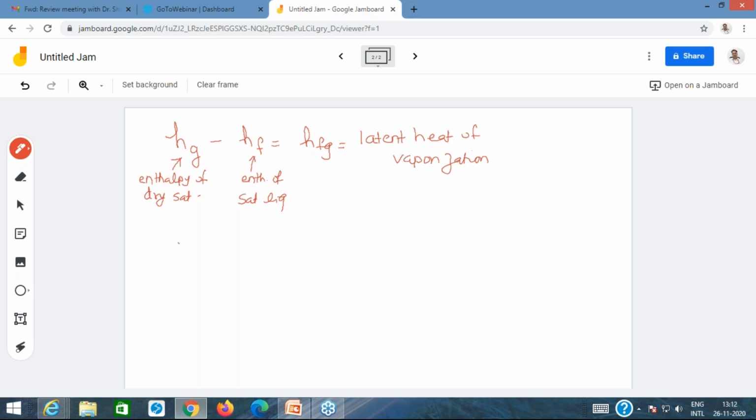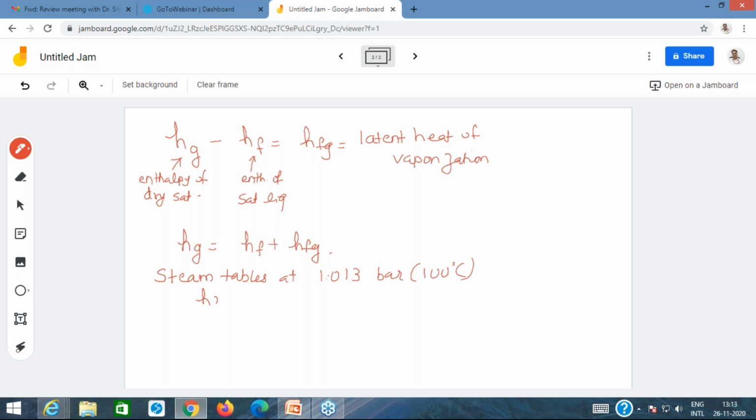So rewriting this, you can say that Hg, if you want to calculate, then it is Hf plus Hfg. If you have the steam tables, so tell me the value from your steam tables at 1.013 bar, or approximately at 100 degrees centigrade.